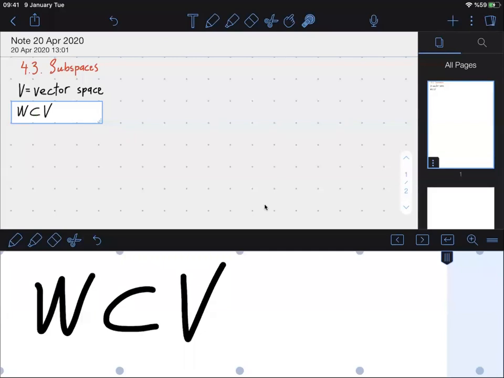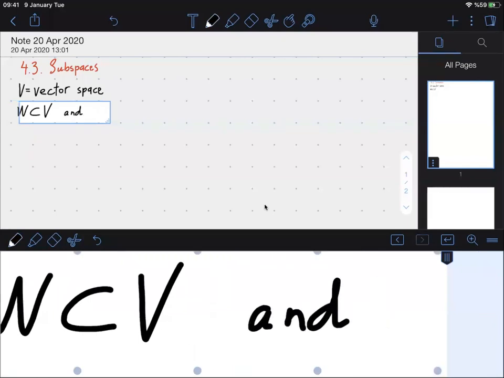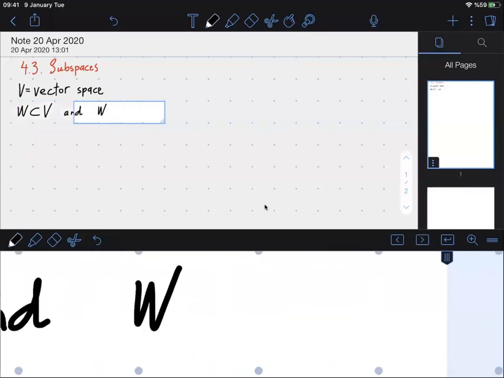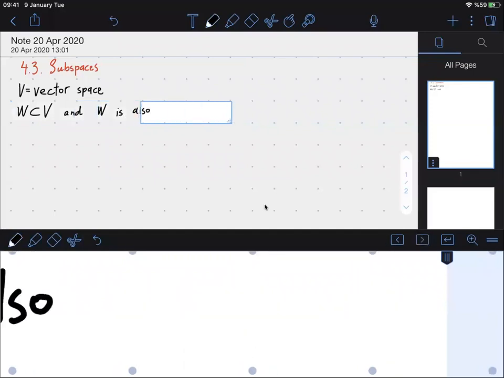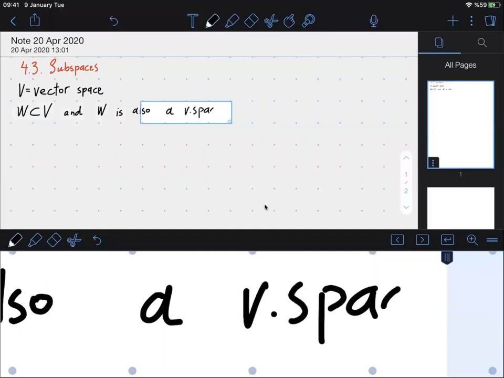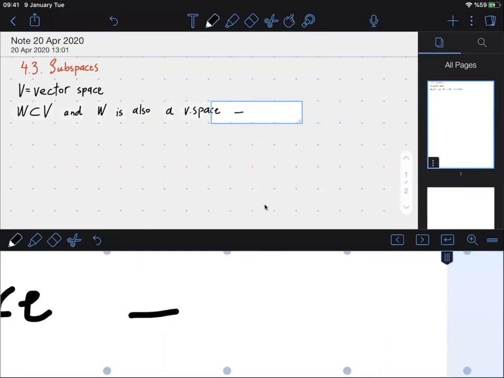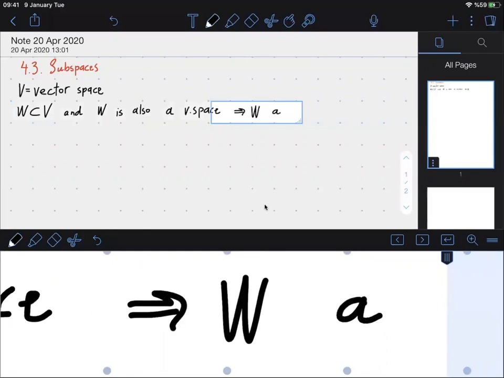If W is a subset and W is also a vector space, then we call W a subspace of V, okay?